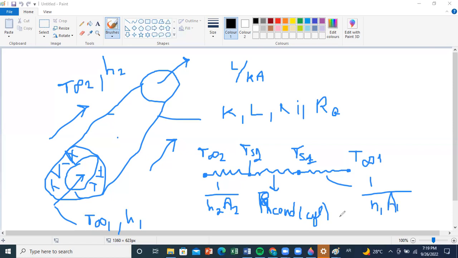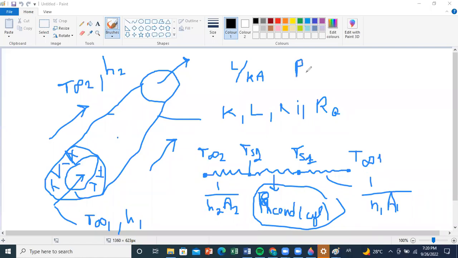Okay. So now, the only challenge for us will be to determine what is this resistance by conduction, to know the procedure of how we find it. First, in general, what is the resistance?